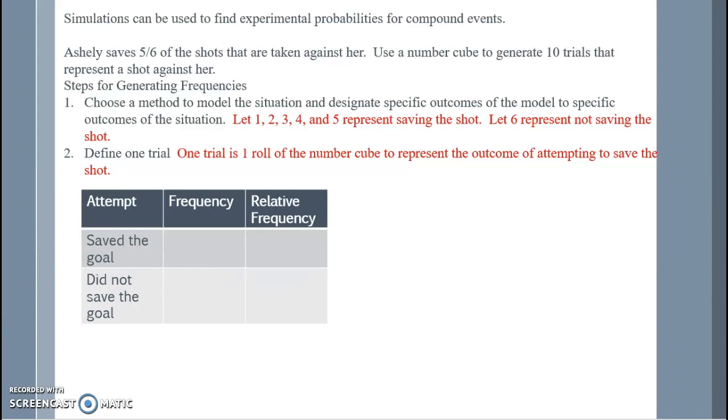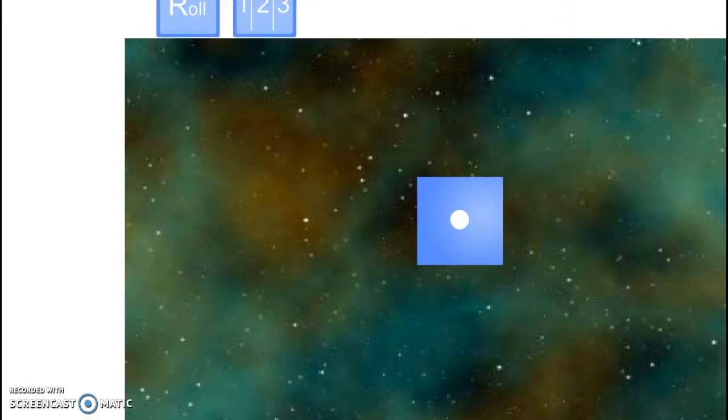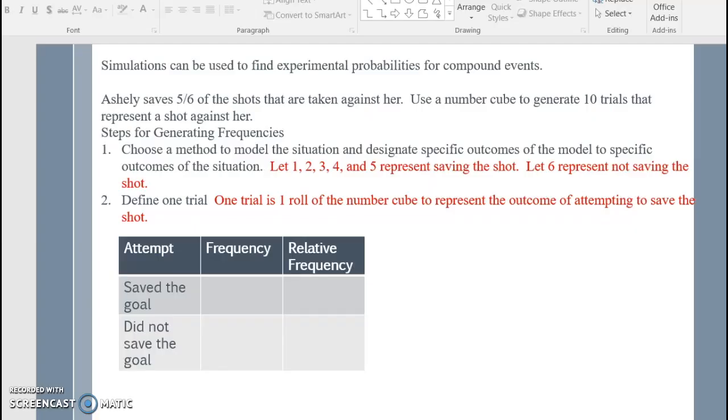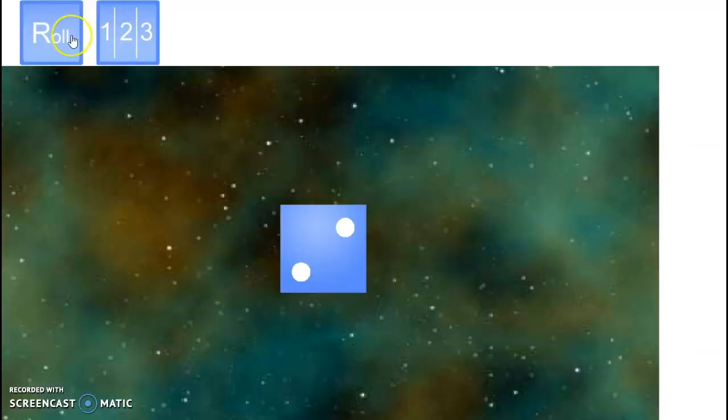So let's roll a number cube and see what actually happens. It looks like up in the corner I'm able to roll. So let's roll the dice and see what we get. We got a 2. So for our 2, we saved the goal. So I'm just going to keep track here. Okay, we'll roll again.